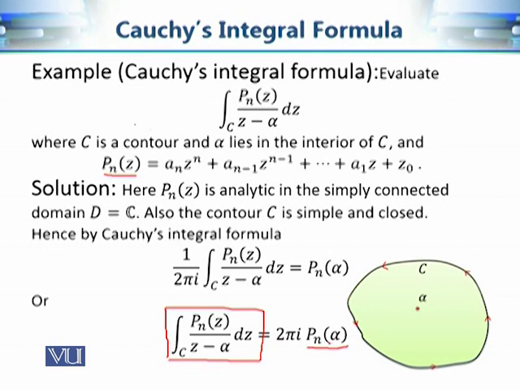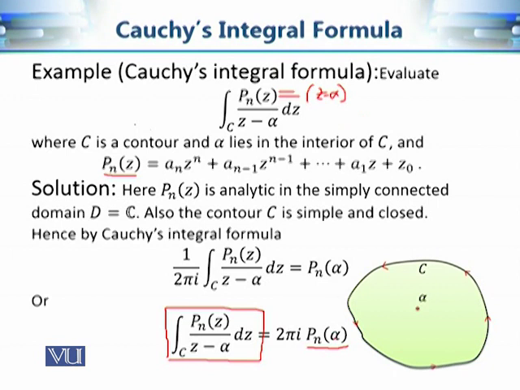Now if this expression is 0, what does it mean? It means that alpha is a root of this polynomial, and if alpha is a root of this polynomial, then this polynomial contains the factor z minus alpha, which will cancel out with the denominator, and we will get a polynomial of degree n minus 1, and polynomials are analytic functions.